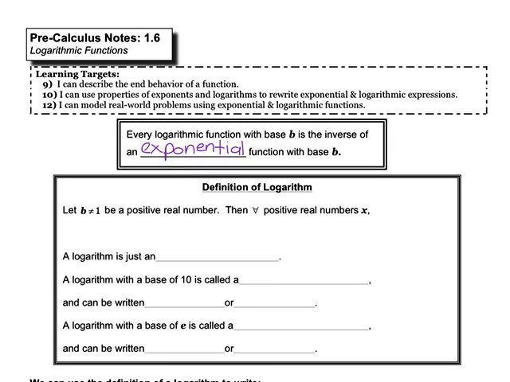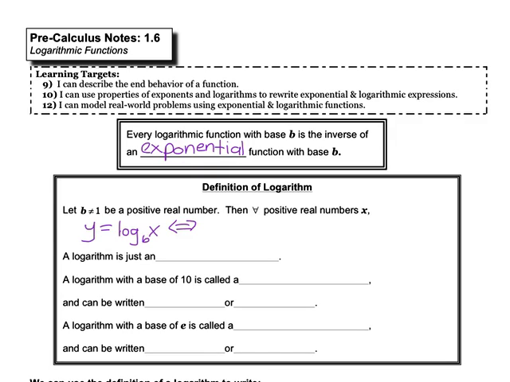So here's the formal definition of a logarithm, and this is a definition that you might want to commit to memory. It will be super helpful if you do. So let b be a positive real number not equal to 1. Then for all positive real numbers x, y equals log base b of x if and only if, that's what the double arrow means, this is true.